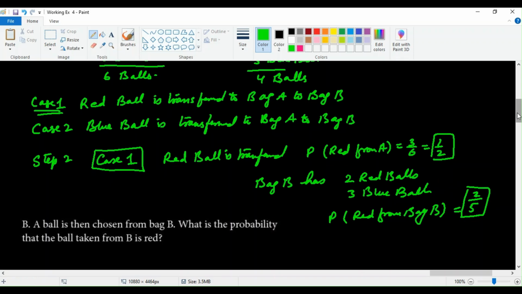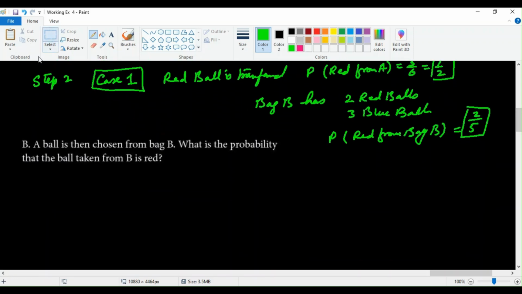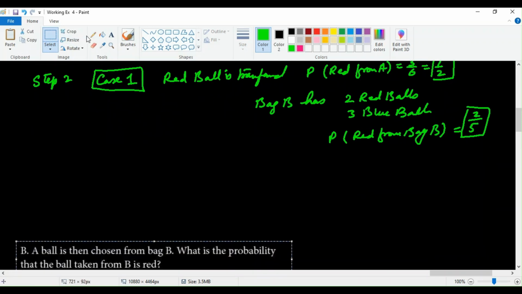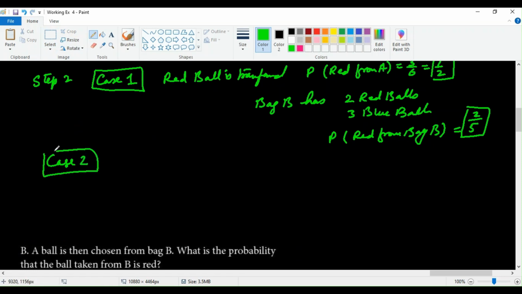Now when it comes to case 2, I'll bring this a little down. When it comes to case 2, blue ball is transferred.